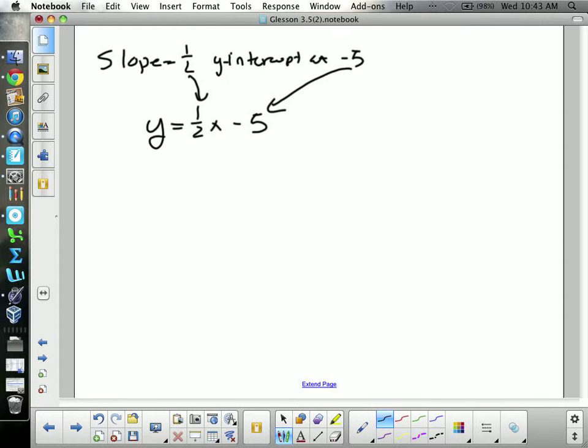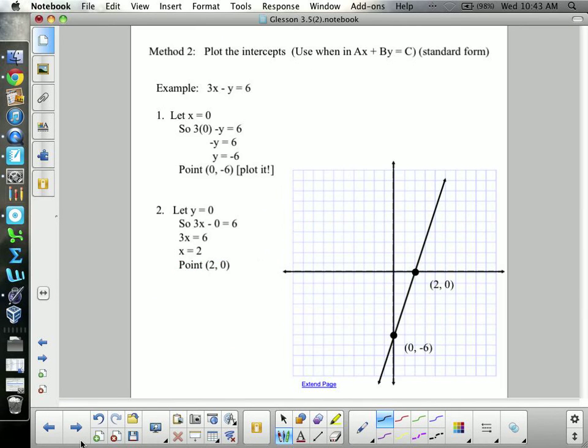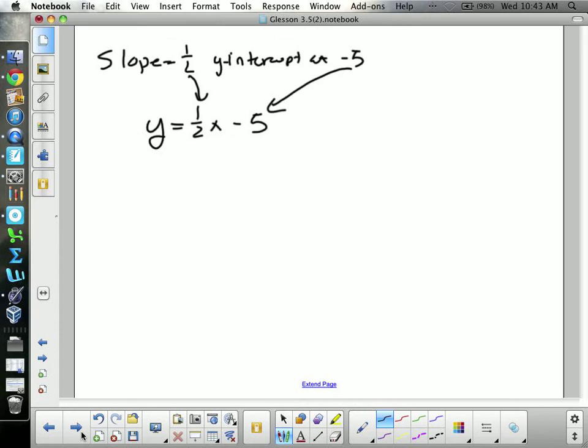I guess another way to find the slope that I didn't mention on that previous slide, I missed one. Another way to find the slope is to count boxes, if you're given a graph of the line. So, for number 5, the y-intercept is at -5.